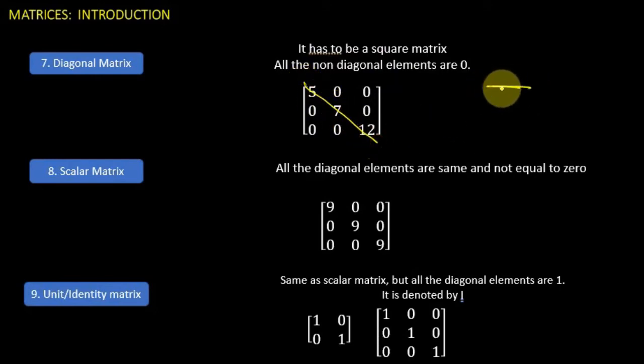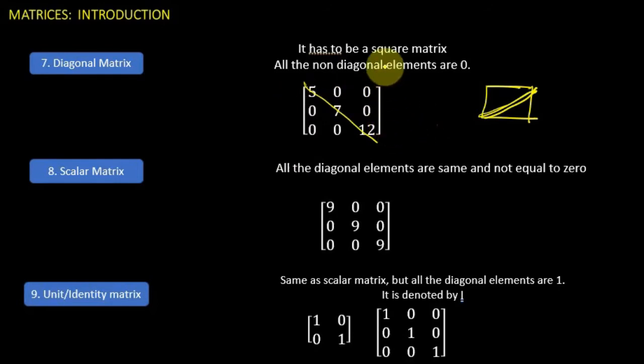You take any square, so what is the diagonal of this square? Obviously this is my diagonal, right? So here also these are my diagonal elements. Apart from the diagonal elements, every element should be zero. Such type of matrix is called a diagonal matrix.